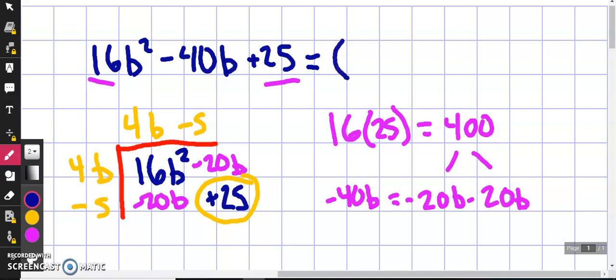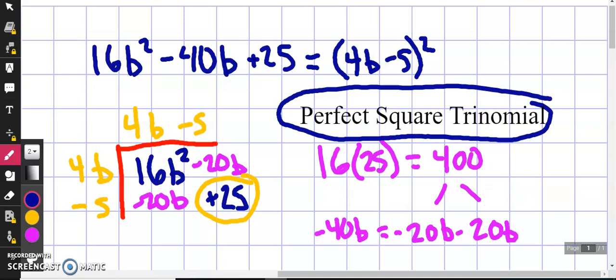So I know that I'm going to need 4b minus 5, but instead of writing down the same parentheses twice, I'll just put an exponent of 2 because that tells me that I'm multiplying the 4b minus 5 again. And so because we factored our trinomial and got the same thing twice, we're looking at what's called a perfect square trinomial.